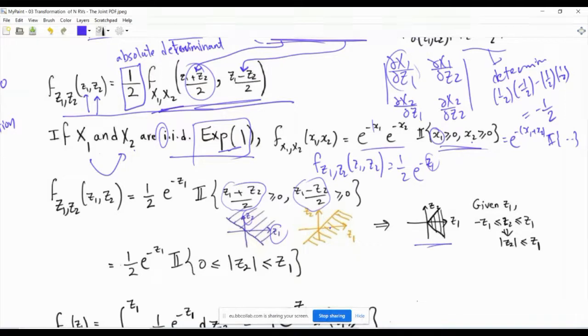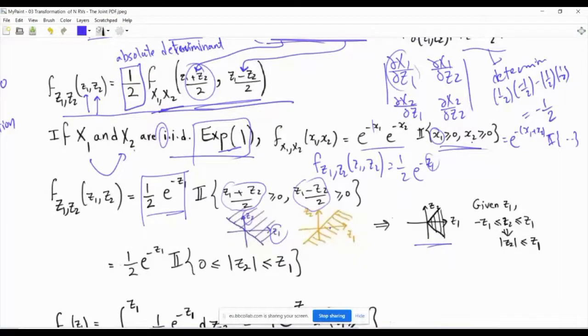Okay, so now the indicator, basically your PDF of z1 and z2 is non-zero. For the x's, it's non-zero over the positive quadrant, when x1 is greater than or equal to 0, x2 is greater than or equal to 0. But now for z1 and z2, it is over this part here.